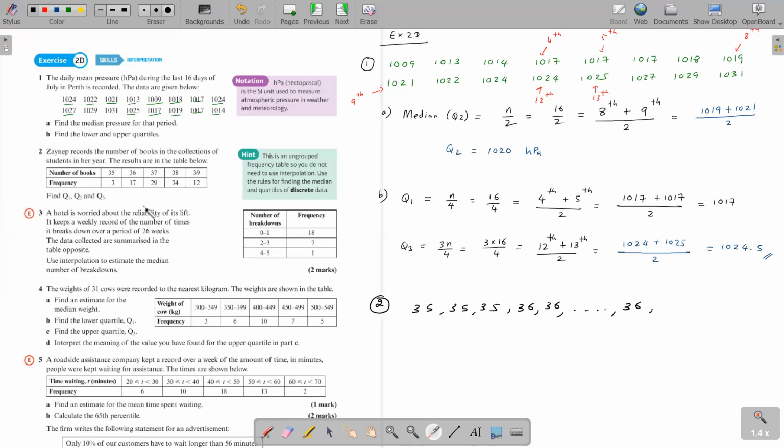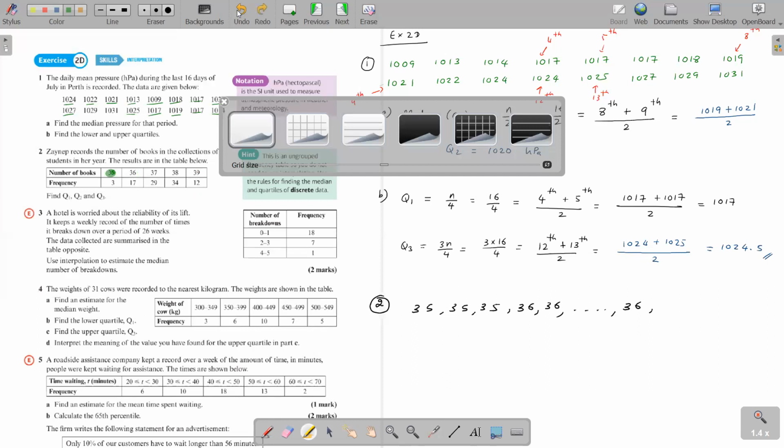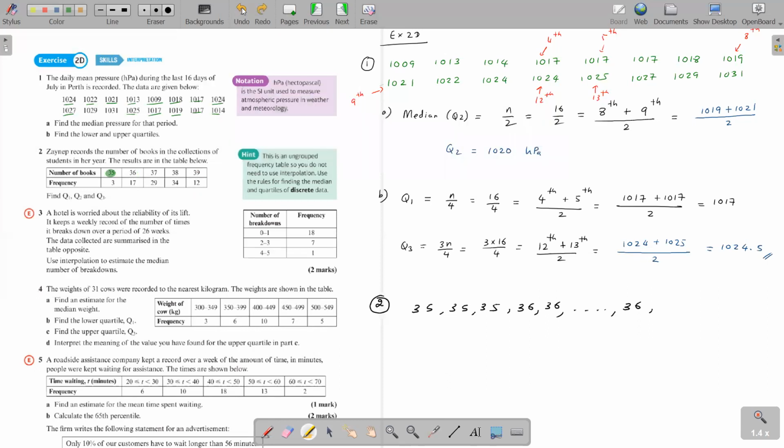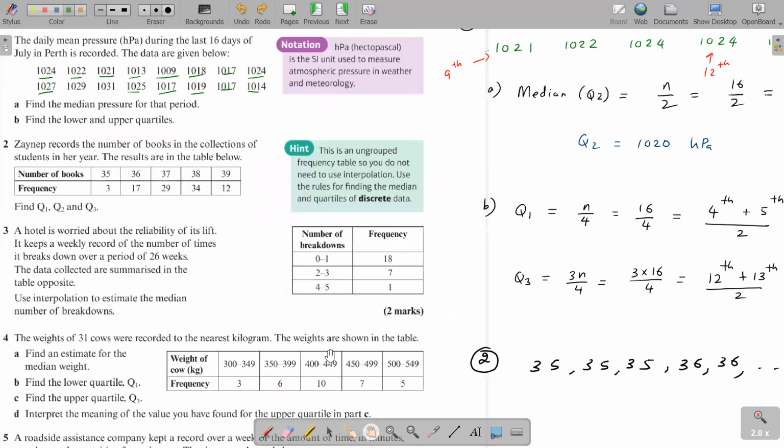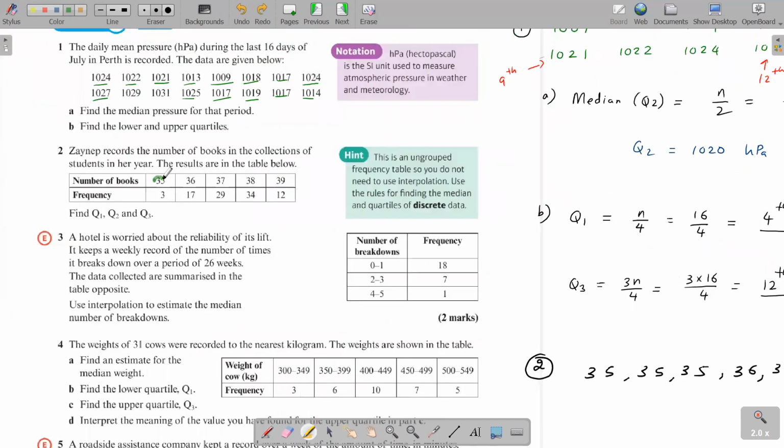Remember, the X values are 35, 36, 37, 38, and 39. These are the data values, and down here it shows how many times each of these data points is repeated. They're asking you to find Q1, Q2, and Q3.